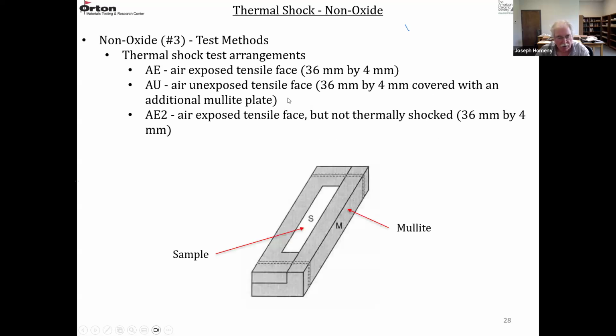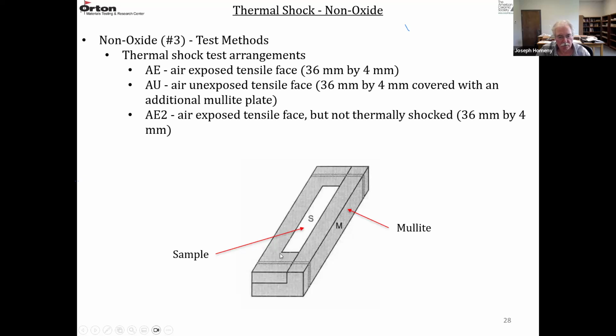So they had 3 conditions here, 3 different arrangements for the thermal shock. AE is air exposed on the tensile face. So the tensile face was 36 by 4 millimeters. So here is a sample labeled S. It's 36 millimeters long, 4 millimeters wide.